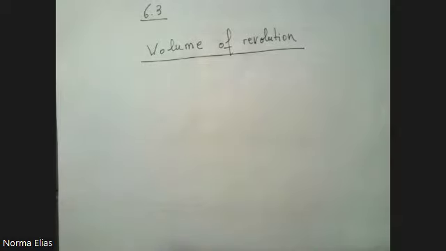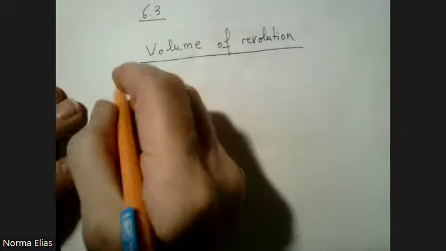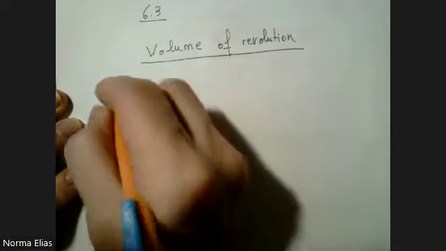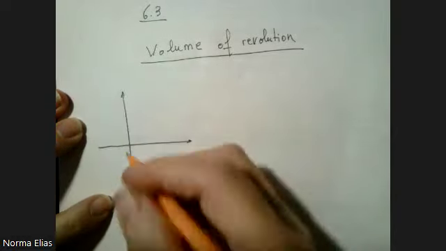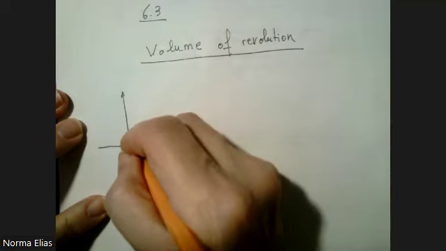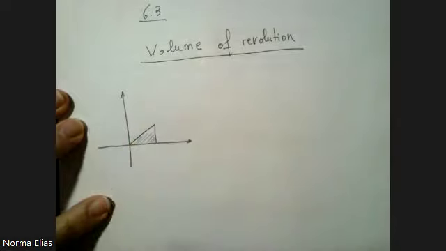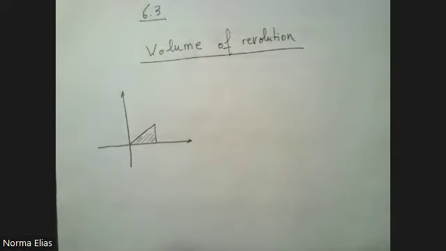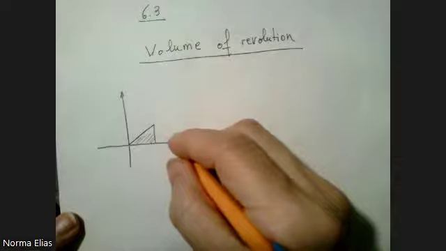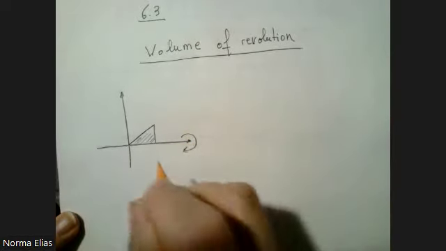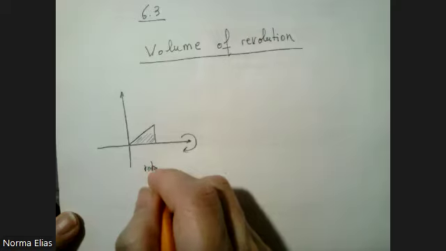Here's a very simple question, the following. Let us say I have that. I take this region. So that's a straight line. I take this region right here, and I rotate it around the x-axis. So close your eyes a little bit and think.